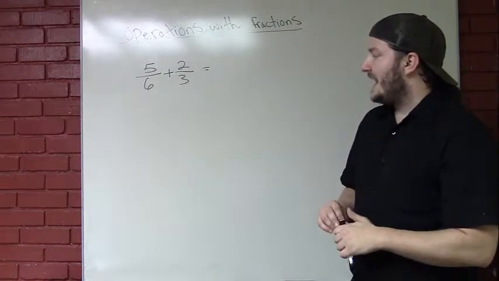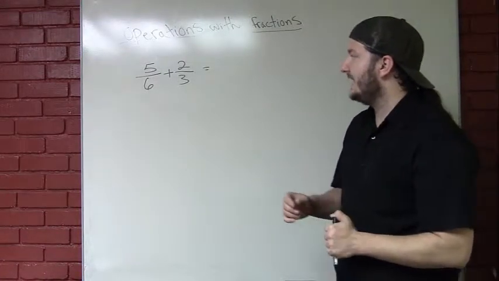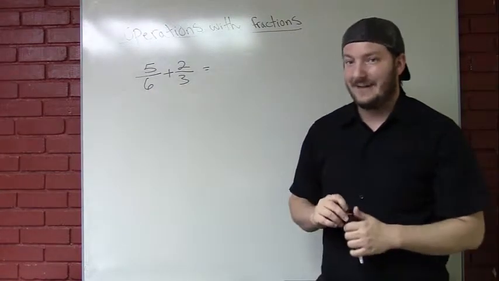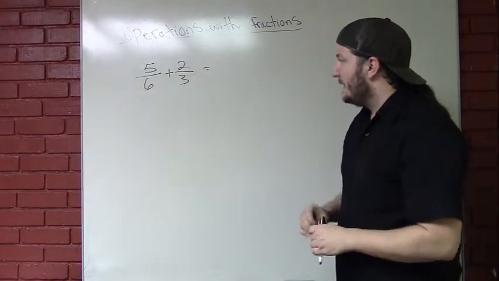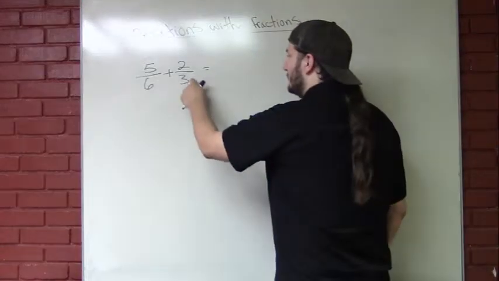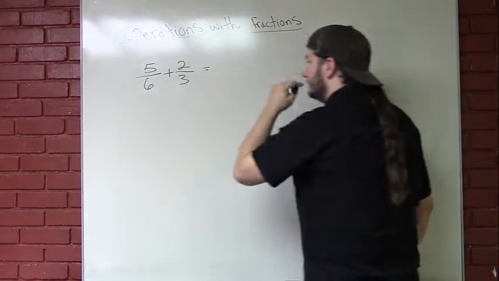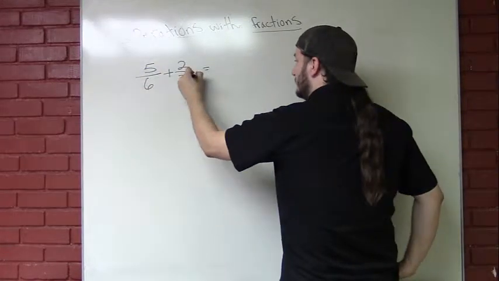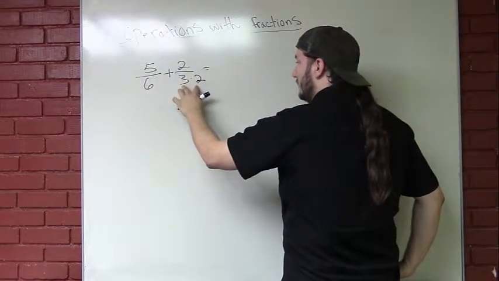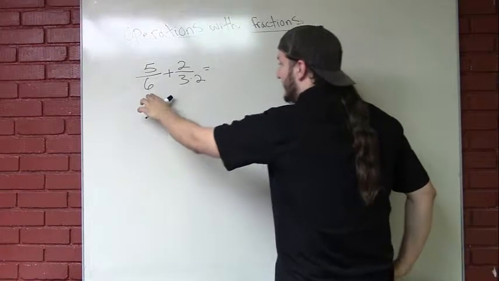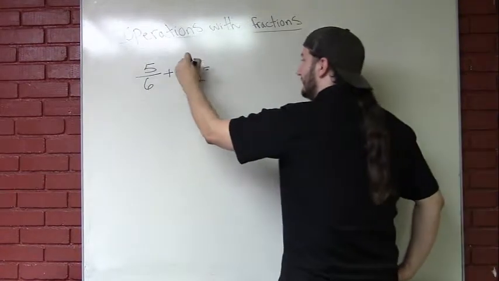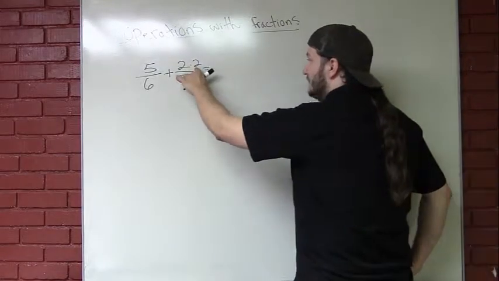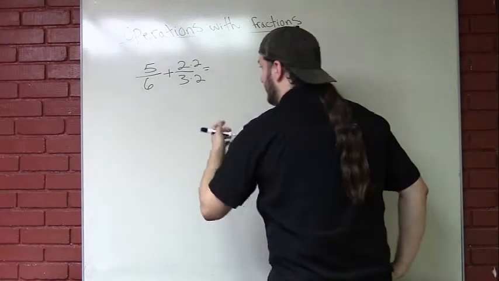What you have to ask yourself is, how can I make both of those numbers the same? In other words, what can I multiply this 3 by that will give me 6? Well, if you multiplied it by 2, the bottoms would match. Now the only caveat to this is if you multiply by 2 on the bottom, you have to multiply by 2 on the top. Okay?